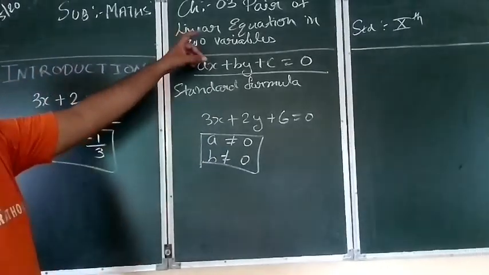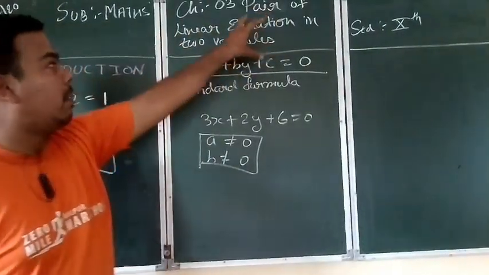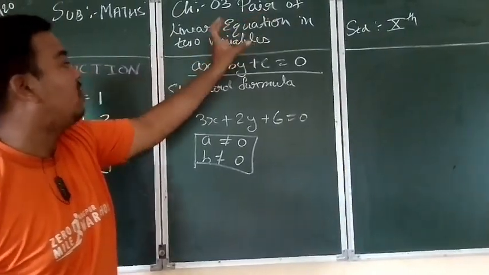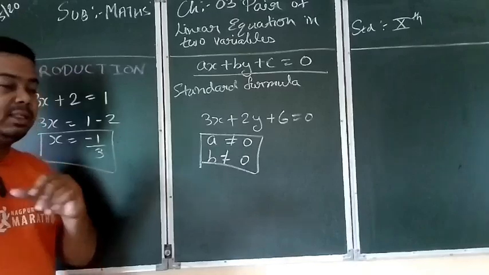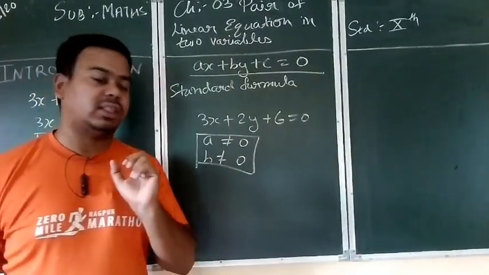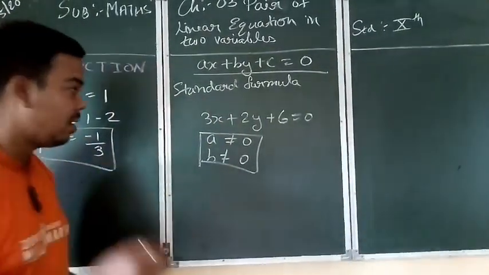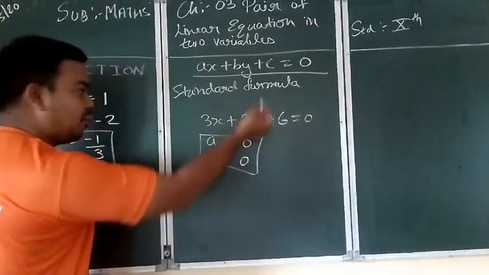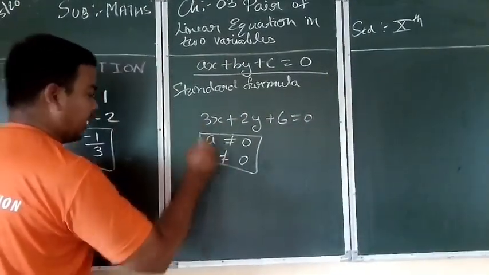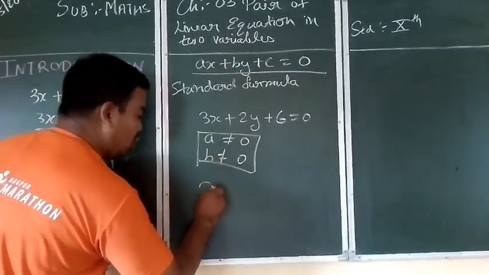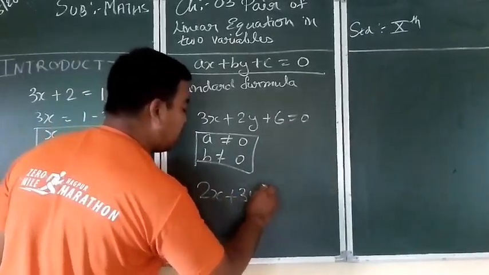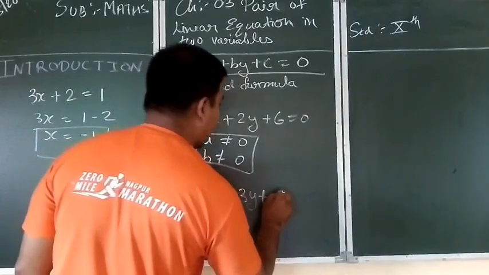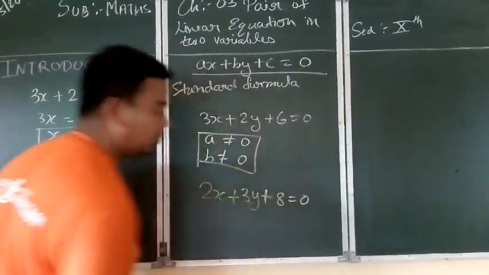Now they said there is a pair of linear equations in two variables. A pair of linear equations in two variables means we take two equations. This is one pair. We write one more equation, suppose 2x plus 3y plus 8 equal to 0.